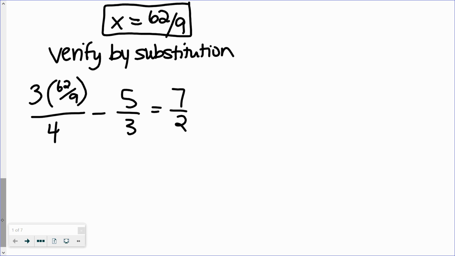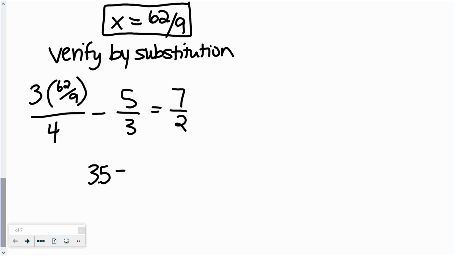So 3 multiplied by 62 divided by 9 gets me 20.6, blah, blah, blah. And then if I divide that by 4, I get 5.16, blah, blah, blah. And then if I subtract, and I'm going to put brackets around it, 5 divided by 3, and then I close the bracket and press enter, I get an answer of 3.5 here.